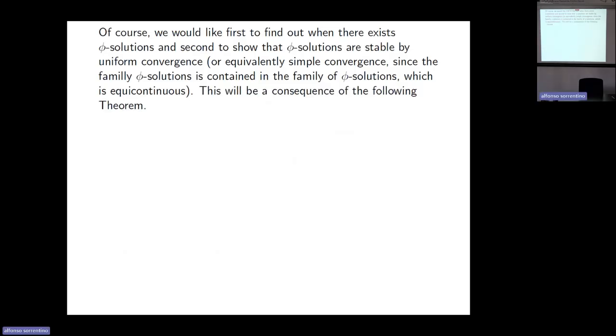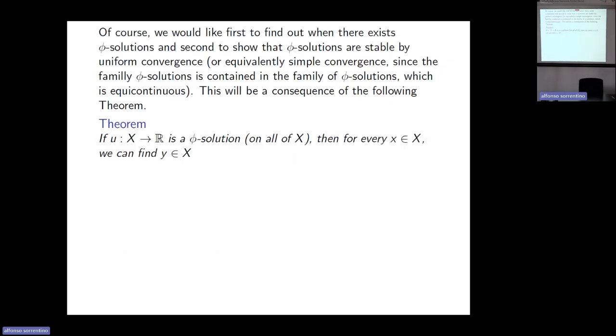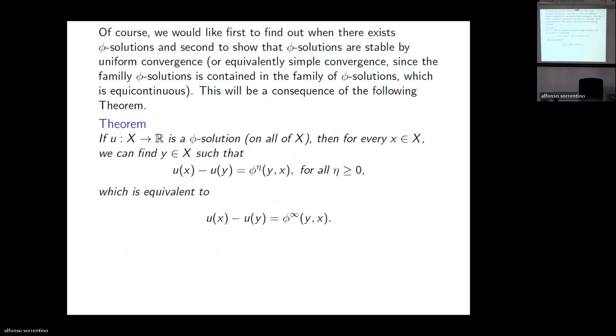So this will be the consequence of the following theorem. If I have a phi solution u, then for every x in X, we can find a y in X such that we have u of x minus u of y equal to phi eta yx for all eta non-negative, not just for one positive, but for all eta. And of course, this is equivalent to ux minus uy is phi infinity of yx.